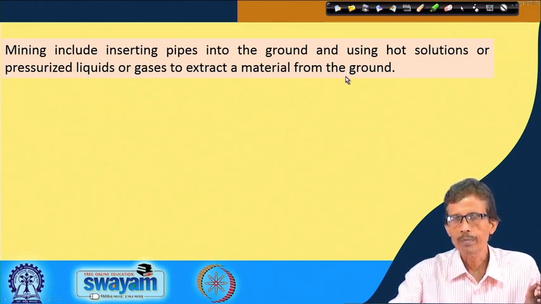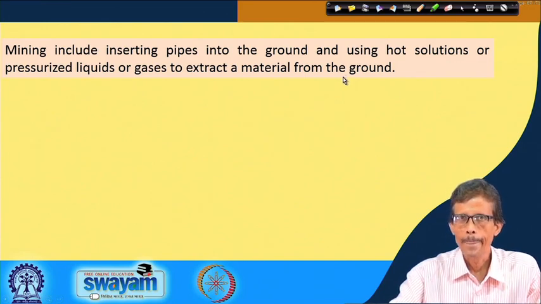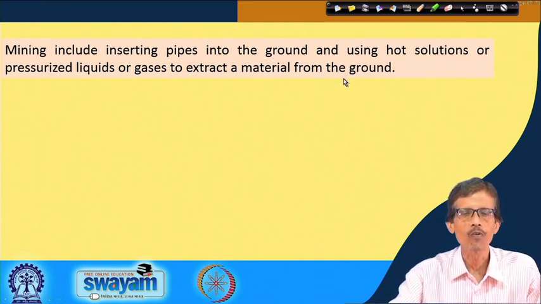Suppose the elemental form of sulfur is present over there; how we can take out that sulfur from the ground level is one important thing.